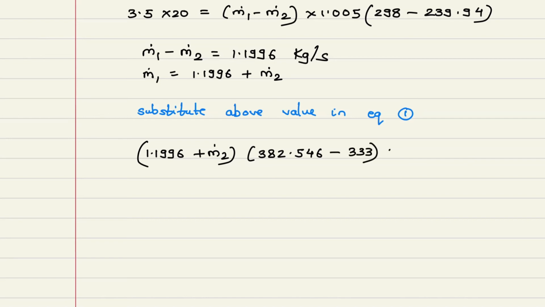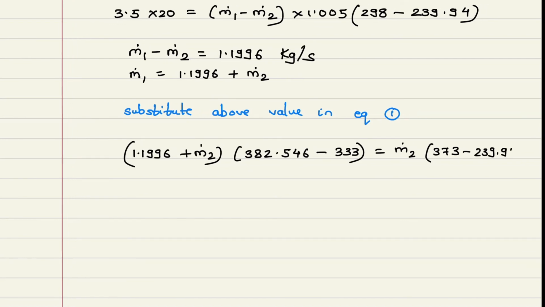This is equal to m dot 2 into the temperature difference, 373 minus T6, and T6 we have calculated as 239.94. From here we can calculate the value of m dot 2. So m dot 2, which was asked in the question, is equal to 0.7116 kg per second.